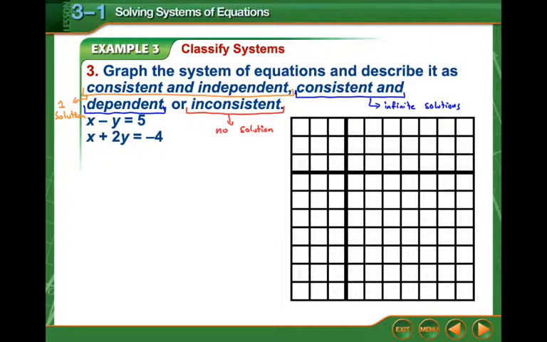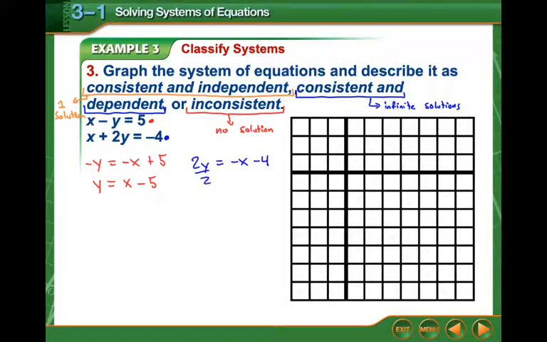So again, here we want to change these into slope-intercept form. So the first one, we're going to just subtract x from both sides. So we have negative y equal to negative x plus 5. Can't have a negative y, so we just change the sign of everything. Y is equal to positive x minus 5 now. For the second one, again, we're going to move x over, so we have 2y equal to negative x minus 4.